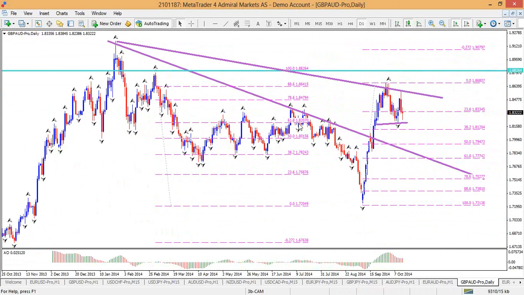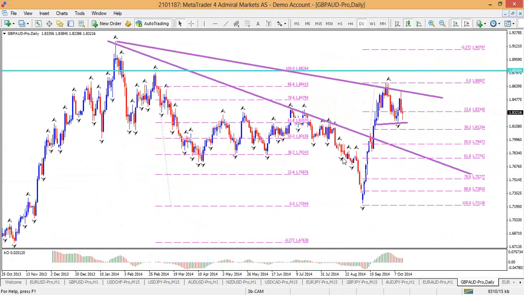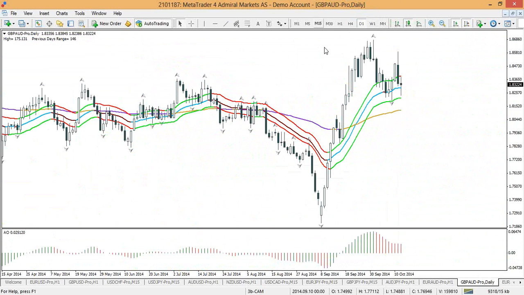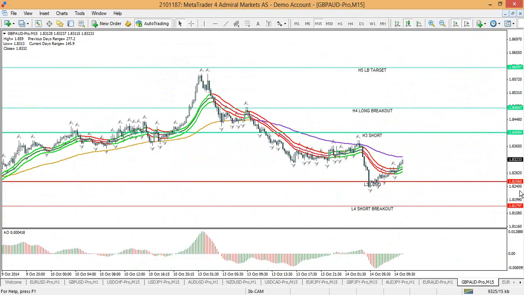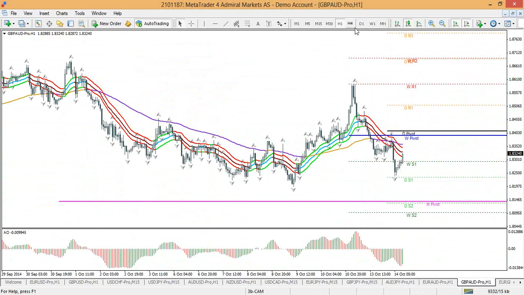Let's see, Euro odd. We can take a look quickly at Camarilla on the pound odd. 15-minute chart here. Yeah, basically, as I said, we're looking for a break below this bottom, right?